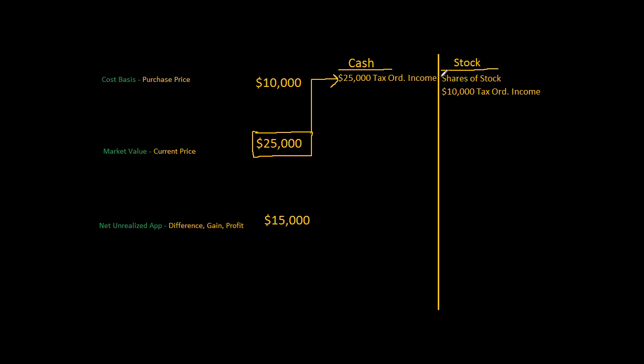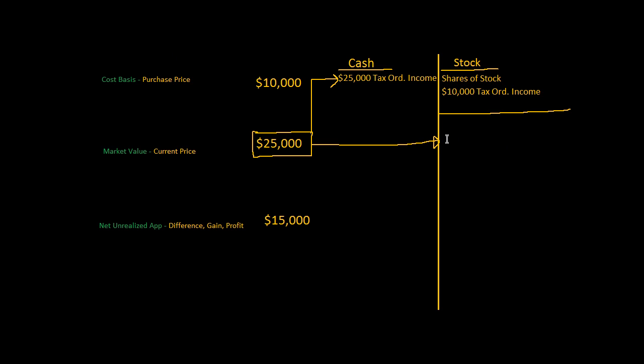But down the line, if you did the NUA, you have shares of stock. Going back to our original scenario, let's say down the line this is worth 25,000 still, just to keep it even, and you decide to sell. Well, you're going to pay taxes again, but this is going to be a little bit different.